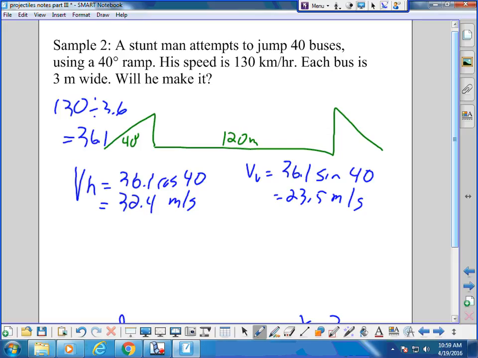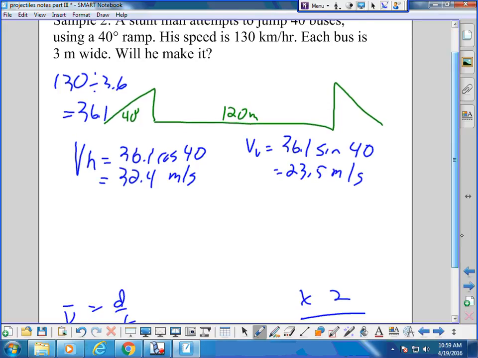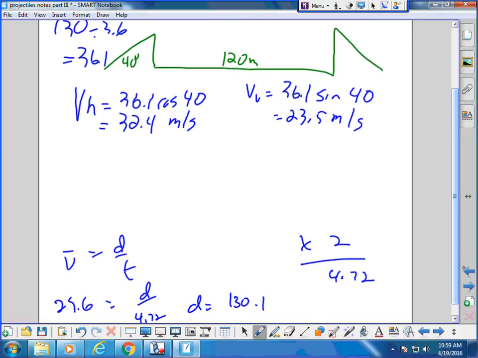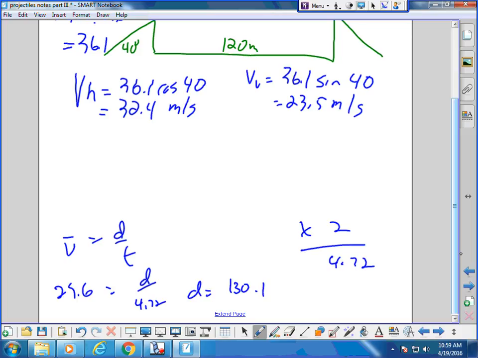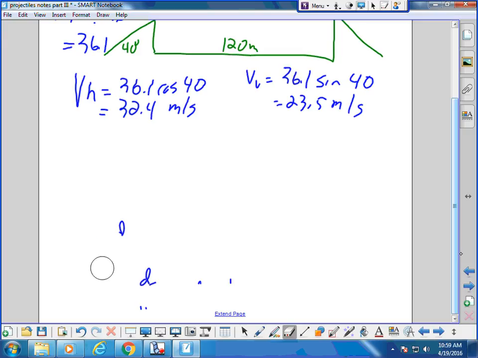The overall, do we want to do this sort of the elegant way? I like doing it that way. The overall vertical displacement is 0, right? The overall vertical displacement is 0. D equals VIT plus 1/2 AT squared.